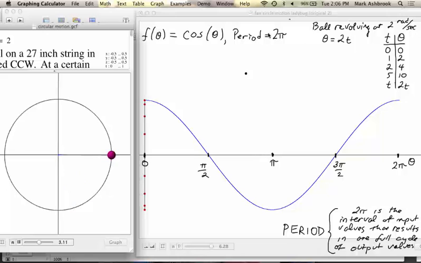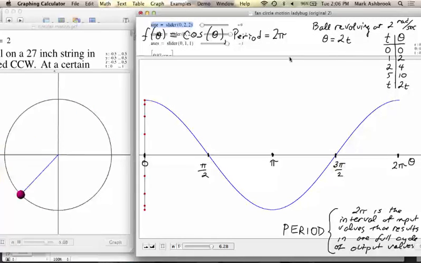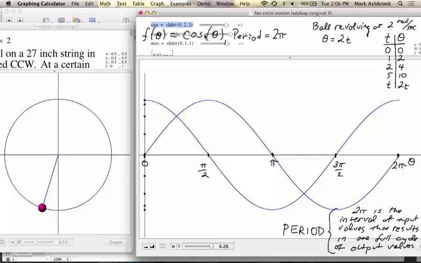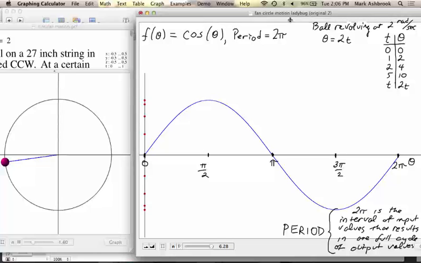What about sine? Does it take a full rotation to repeat a cycle of output values for sine? Yes or no? Let's see. Here is sine. There's sine, which tracks what quantity? Vertical distance above the horizontal diameter.